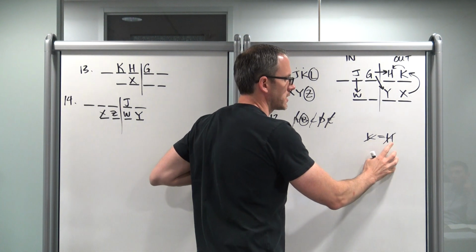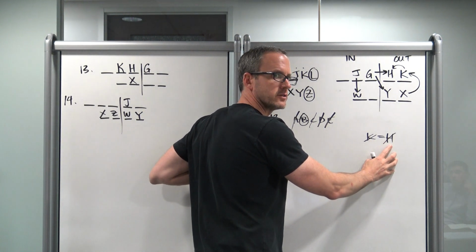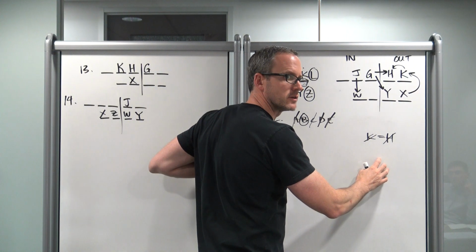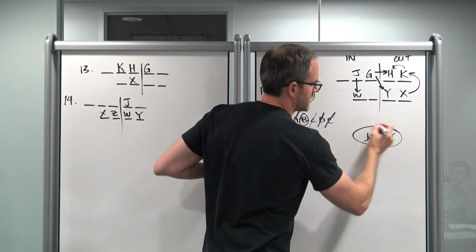That H is out. Okay. If H is out, what does this mean to you? If H is out, then you could have K. You get that from that and reading the rule.